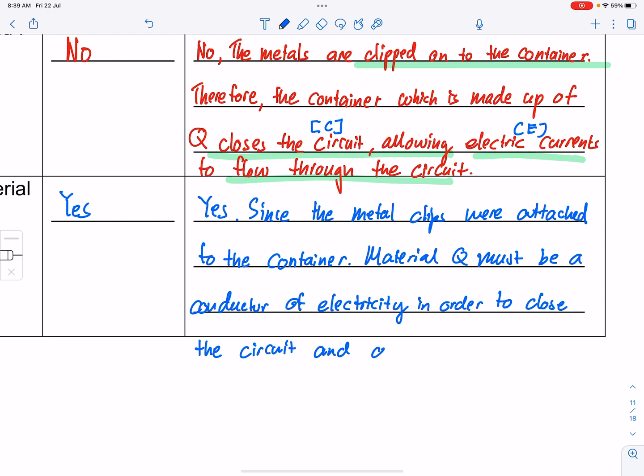And allow electric currents to flow through the circuit.